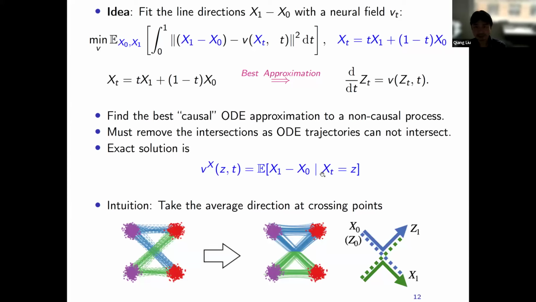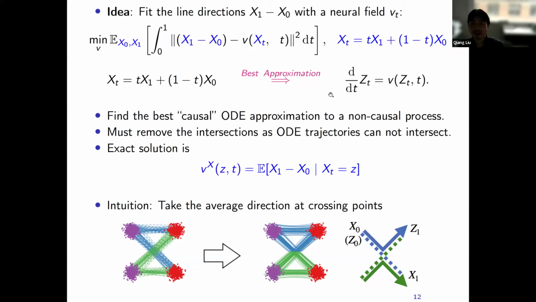Given any point xt, the expected velocity is the conditional expectation of the slope of all the possible trajectories passing through that point. For example, if two trajectories pass through a point in the middle, you just average their directions and get the average direction, right?